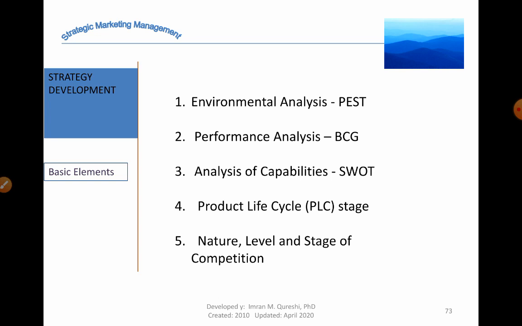There are two more things that need to be looked at before we can really get to a strategy. The first, or fourth in the sequence, is product life cycle stage. I'm sure all of you are aware of what a product life cycle is and what the stages are.